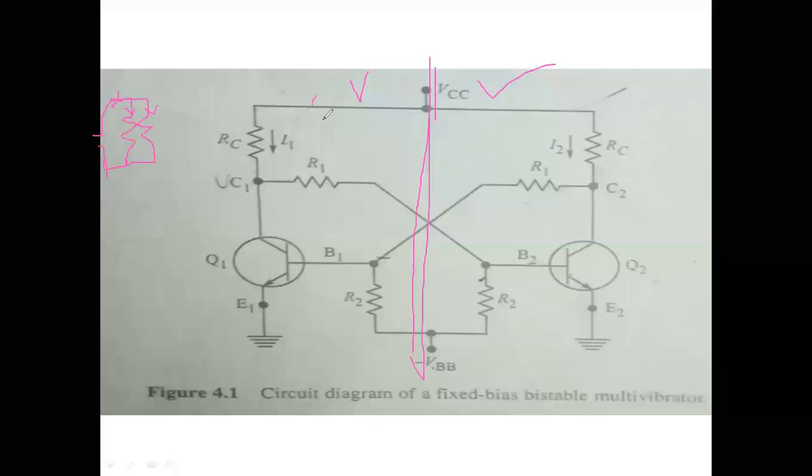Coming to the starting point, I have explained from the start how the circuit is operating. Simply, the transistor will be in any one state, so it may be at 0 level or at 1 level. When you give the triggering pulse, it simply changes its state and continues. Once again, when you apply the triggering pulse, it changes its state again and continues, so that the output will be like a square wave.